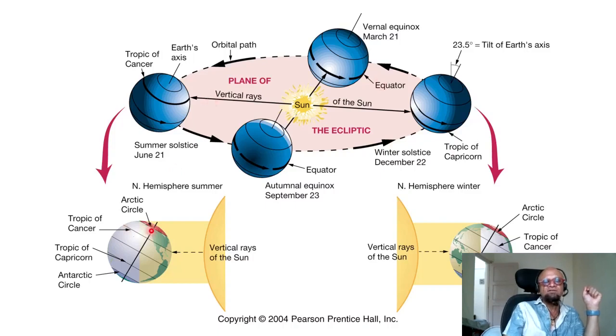The point is, if you look at the sun's rays, then in the northern hemisphere summer, you have 24 hours of light to the north of the Arctic Circle, which is 90 degrees minus 23.5 degrees, so you get 66.5 degrees.